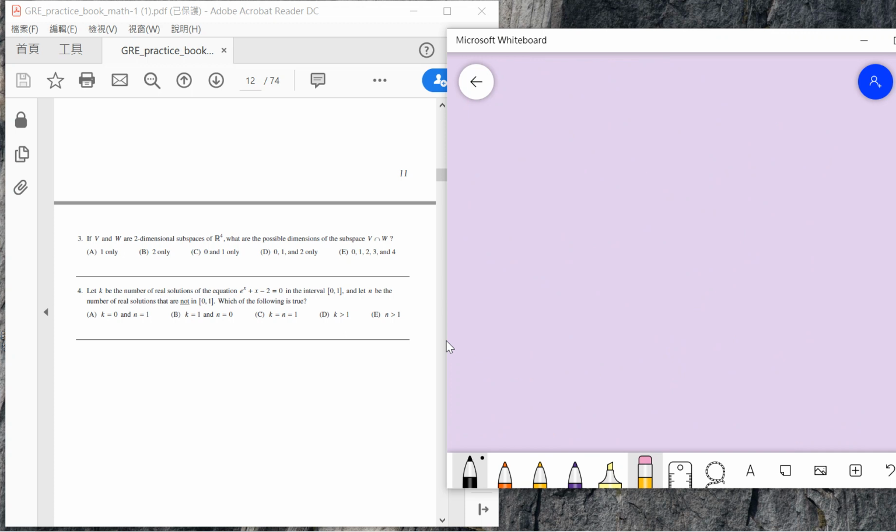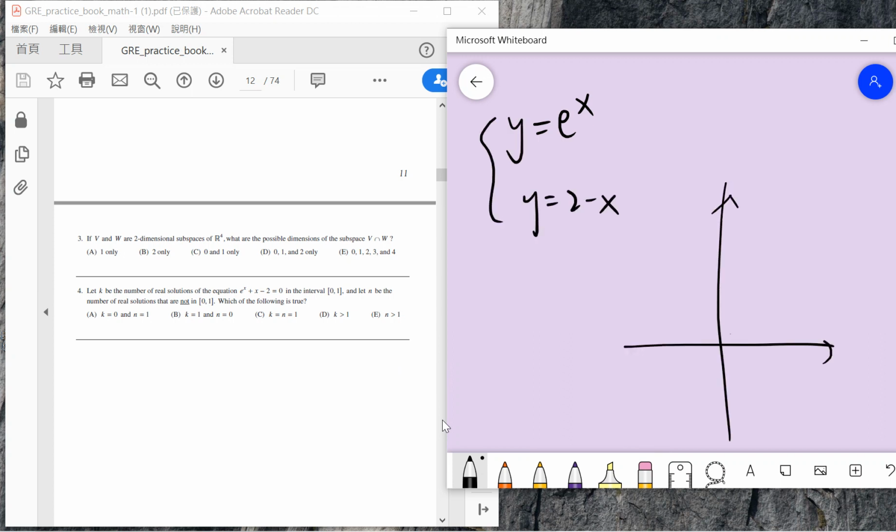Let k be the number of real solutions in the interval, and n be the number of real solutions not in 0, 1, and which of the following is true. You just write the equation like this and try to plot it. This is exponential x, and this is 2 minus x.